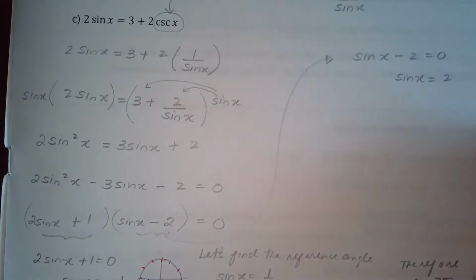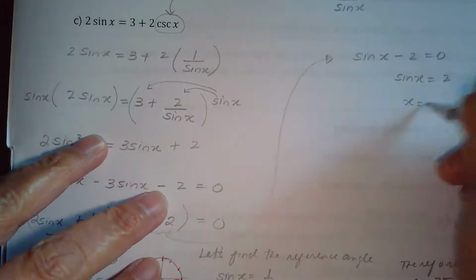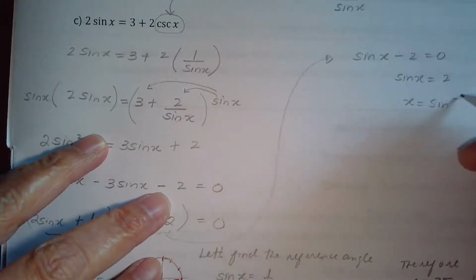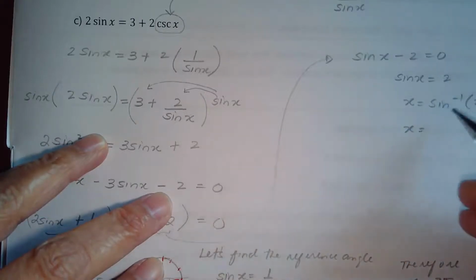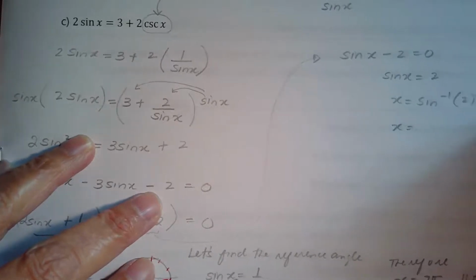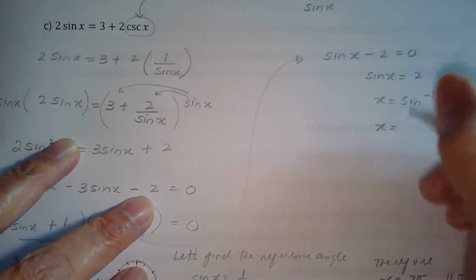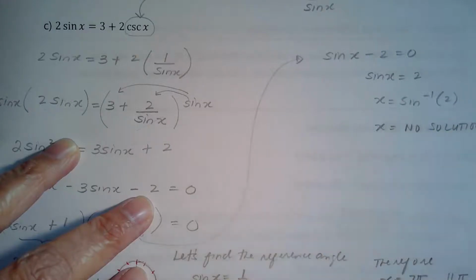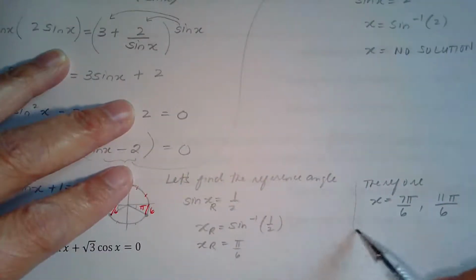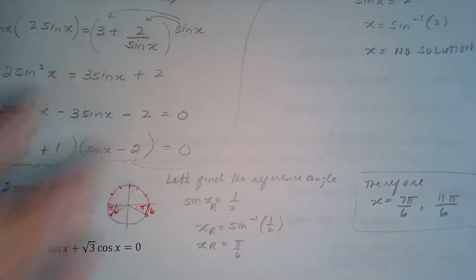So same thing, when you take the sine inverse of that, same thing as what we had last time. If we take the sine inverse of that, we're going to get an error, so that means there's no solution there. No solution. So that means the only solution that we have are these.